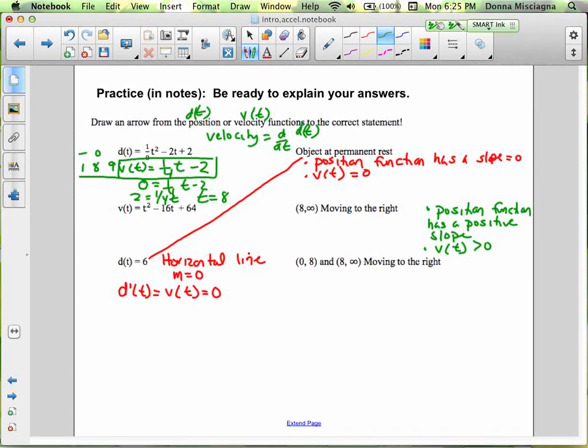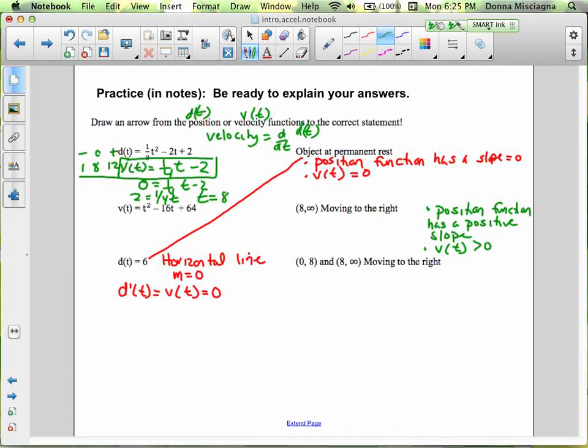If I plug in 9, actually let's plug in a nicer number, because we just want anything. It's not going to change. There's only one place where the velocity is 0. It's the only place it can change. So after that, it's always going to be positive or always negative. So let's take a nice number like 12. 1/4 of 12 is 3, and 3 minus 2 is 1.